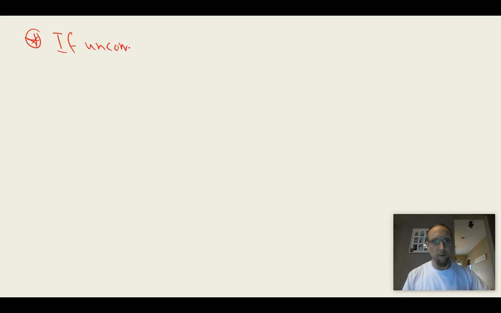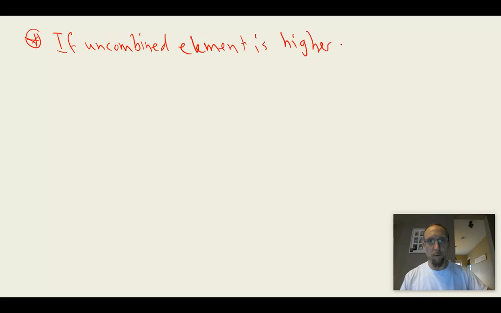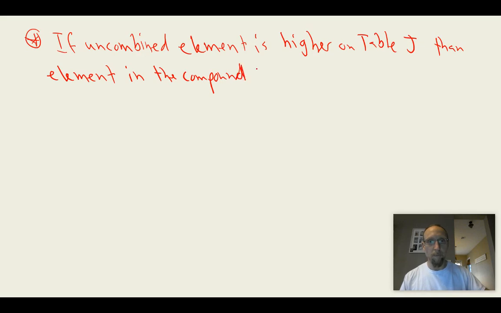If the uncombined element is higher on table J than the element in the compound, or the ion, then it's a spontaneous reaction.